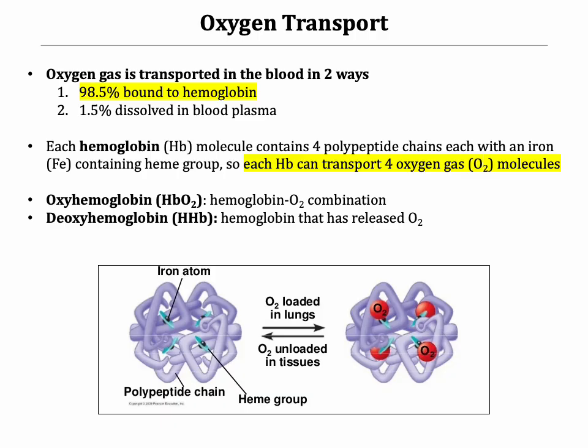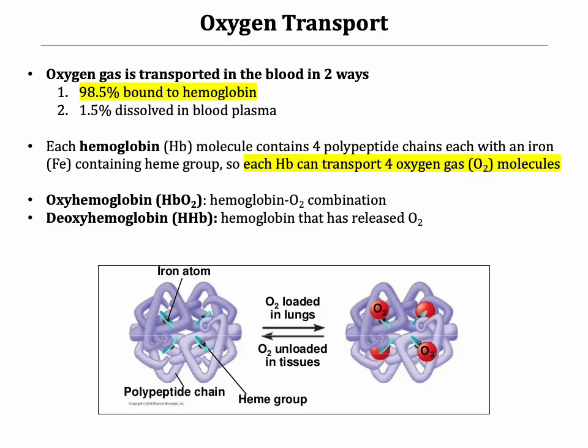That heme group contains an iron atom. Iron is what is responsible for binding to oxygen gas molecules. Each oxygen gas is an O2 molecule, and 4 of those molecules can be bound to each hemoglobin molecule. So in red, 1, 2, 3, 4 oxygen gas molecules bound to 1 hemoglobin molecule.